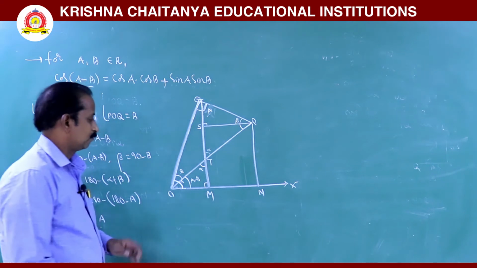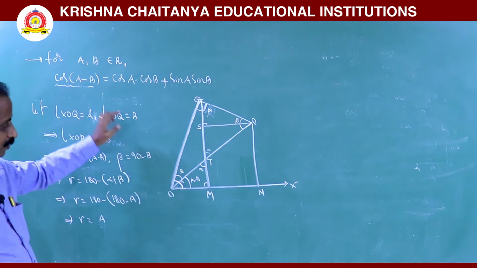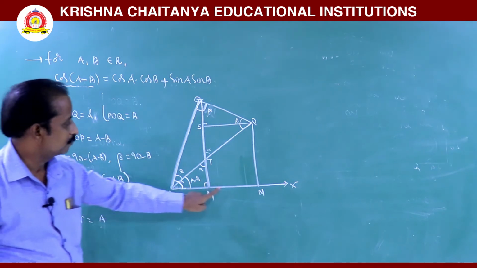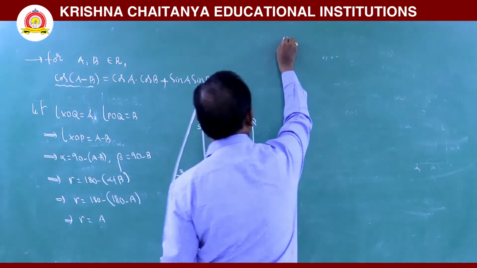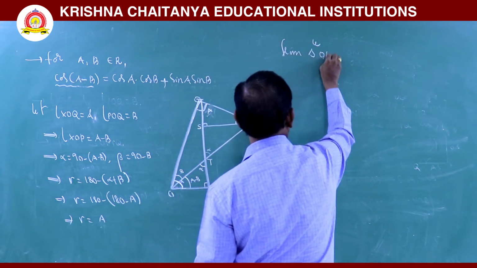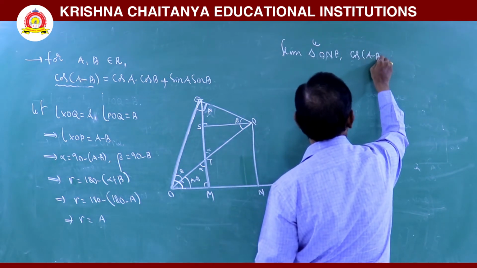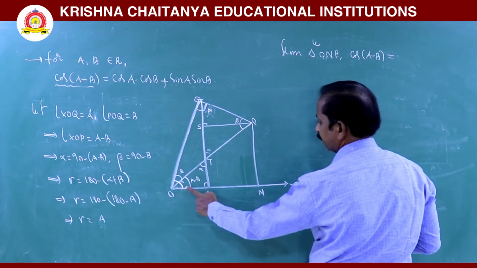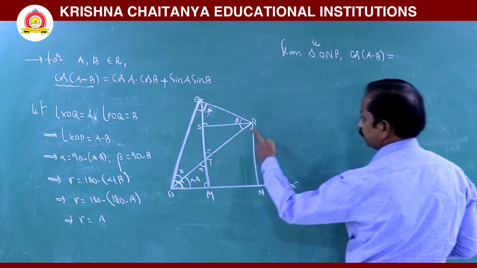Now what we need is cos of A minus B. The measure of A minus B is taken from which triangle? From triangle O, N, P. Cos of A minus B, cos theta, is adjacent side by hypotenuse.